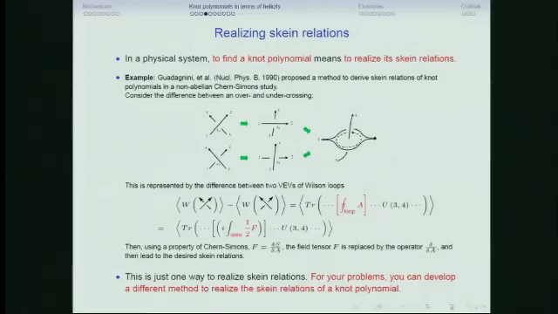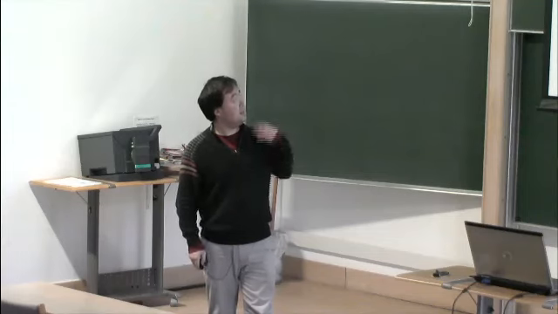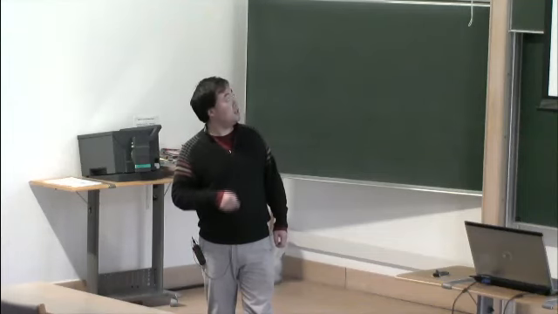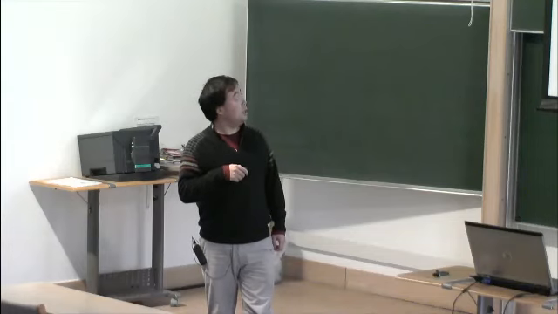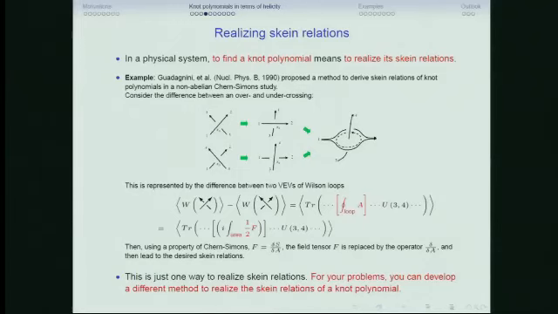A typical example is the work of Guadagnini and his collaborators in 1990. In that work, they proposed a method to construct knot polynomials by examining the difference between the overcrossing and the undercrossing.